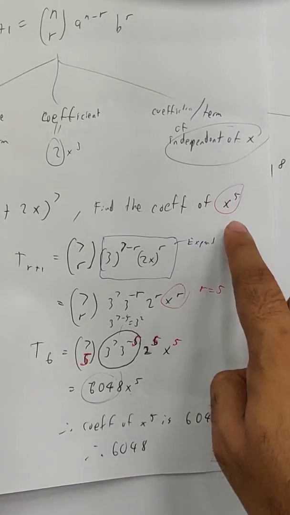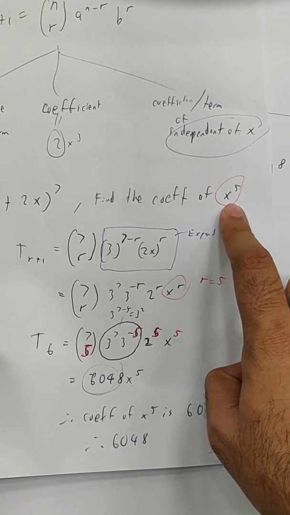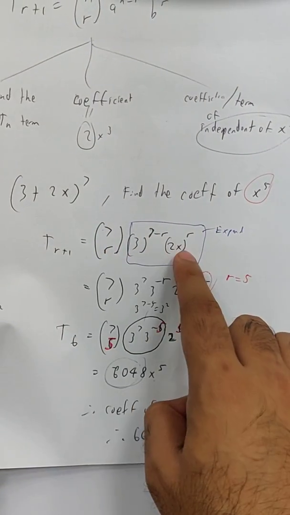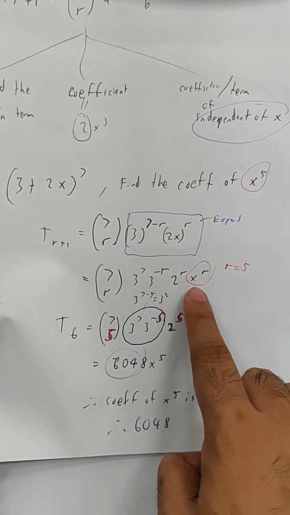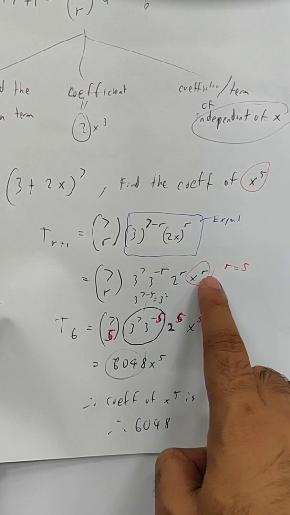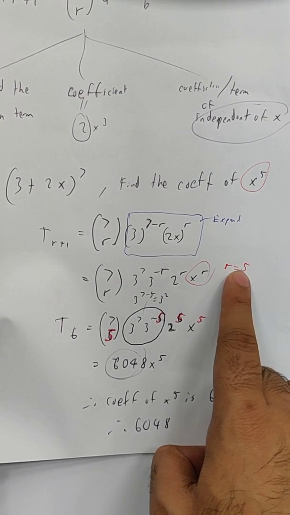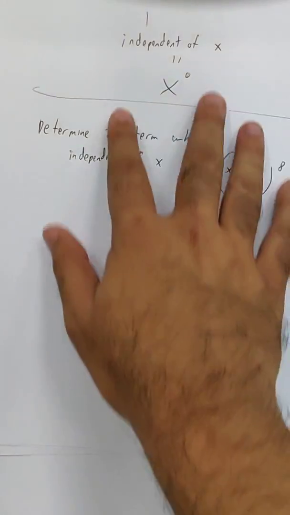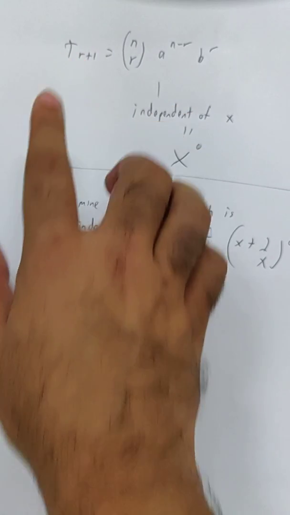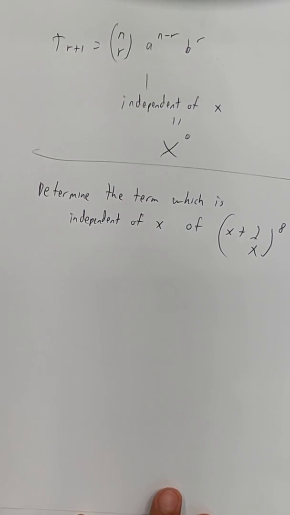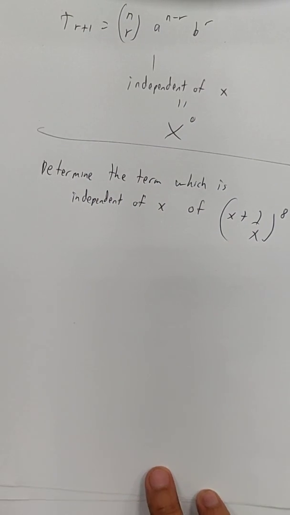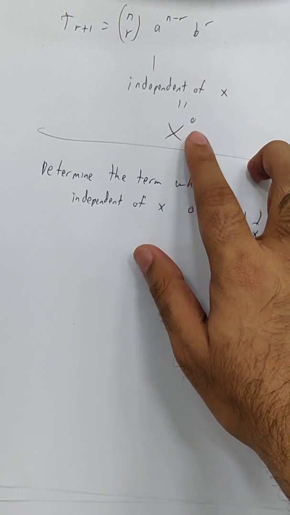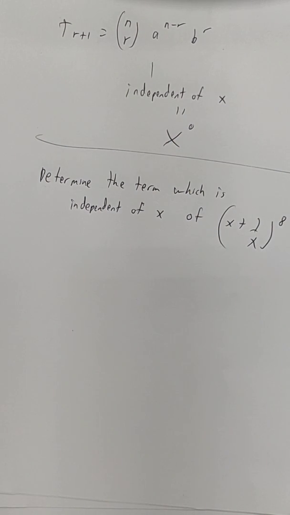How do we find the coefficient of x^5? You expand first, look at x^r, and then you compare, and you get r equals 5. So the idea is the same. You want to expand T_{r+1}, and then compare with x^0. Why x^0? Independent of x.